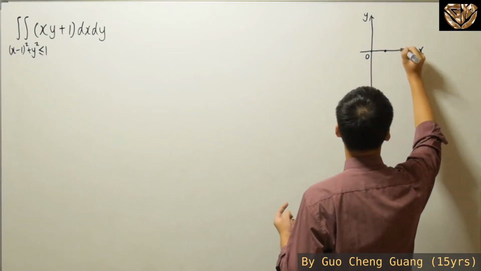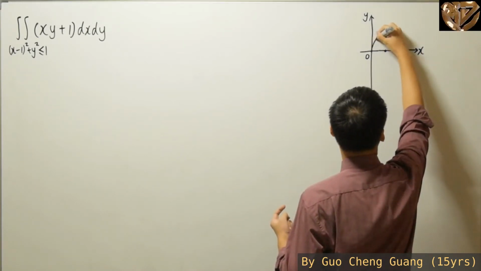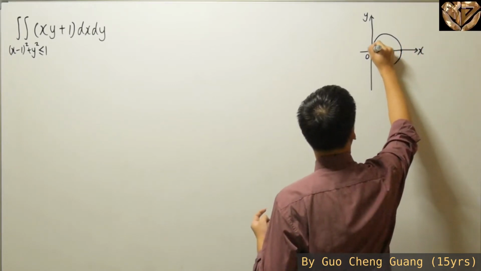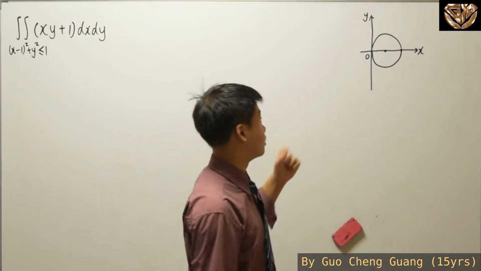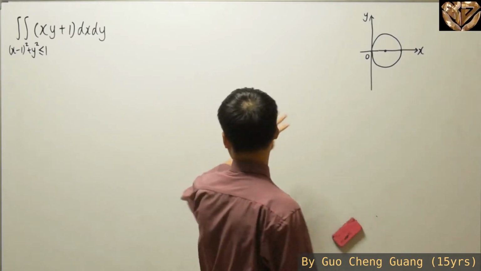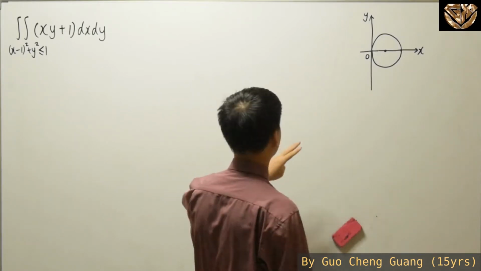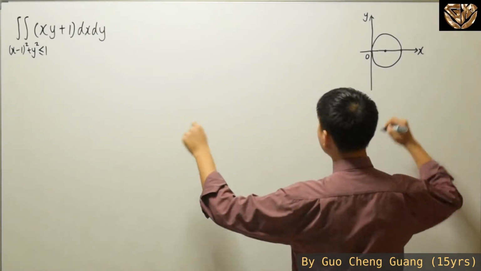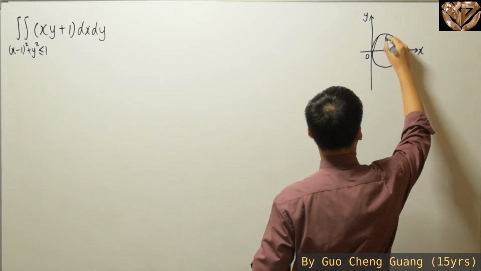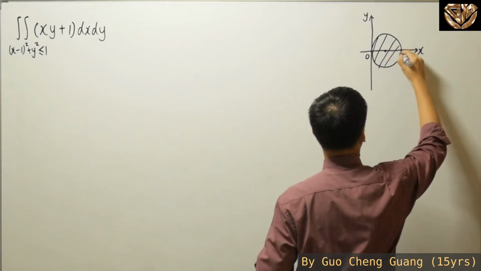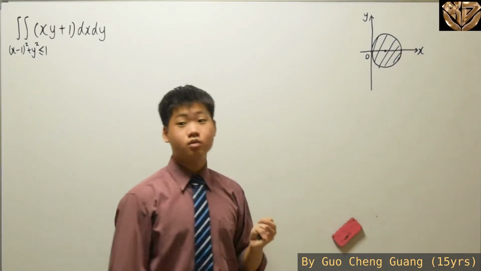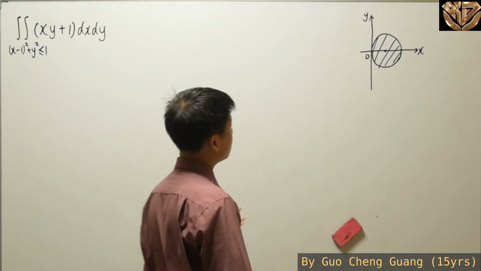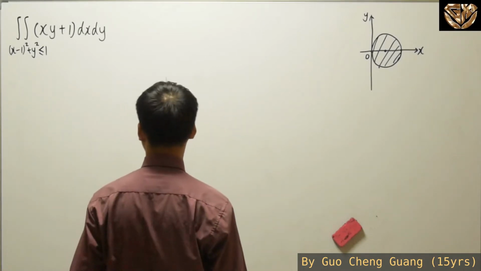So you'll have something like this: a circle of radius 1 about the point (1, 0). And since it is smaller or equal to 1, that means you'll have whatever is inside of the circle. This will be the boundary you'll be seeing. Alright, so now we know what this boundary looks like.